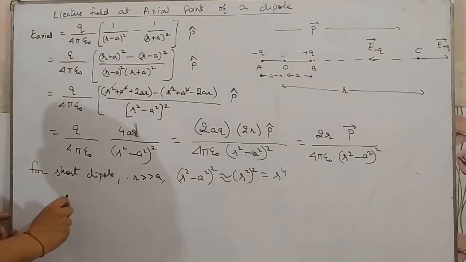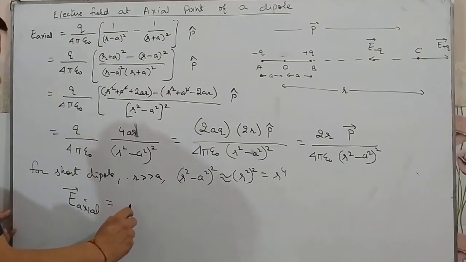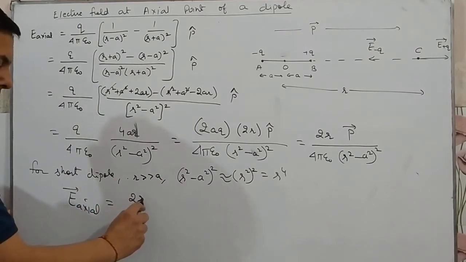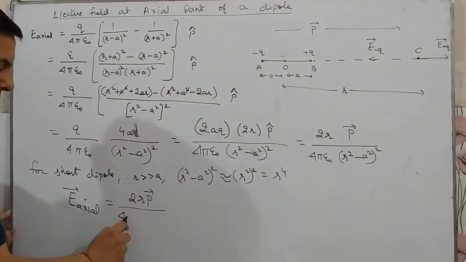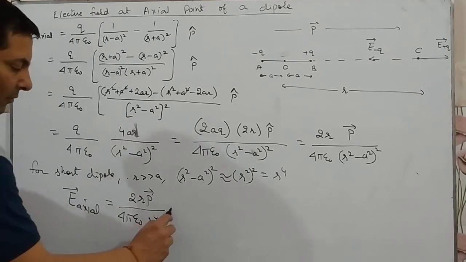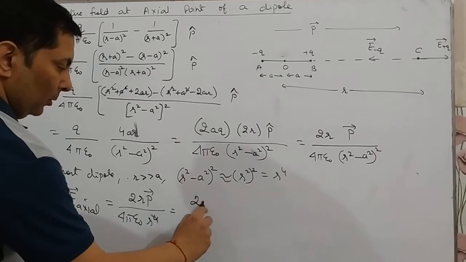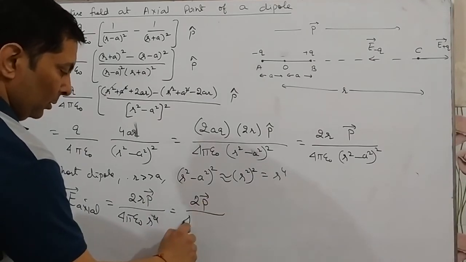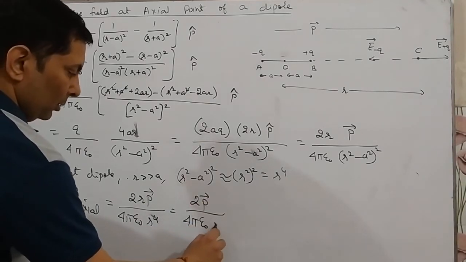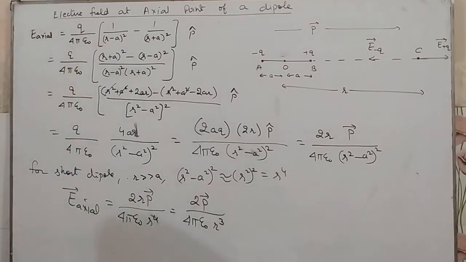Now the result for the electric field will be 2rp over 4 pi epsilon naught r to the power 4, which is further equal to 2p upon 4 pi epsilon naught r cube. Okay, this is the final result for the electric field at the axial point of the dipole.